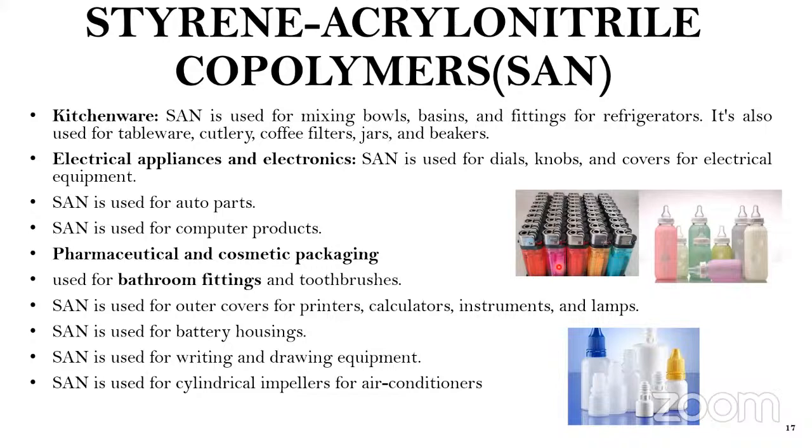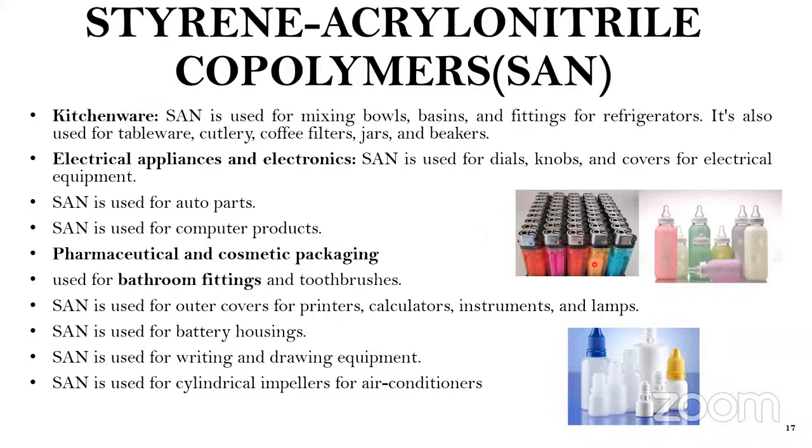This is not a bottle, but a lighter they are using. As I told you, this SAN has very high resistance to oil and grease. Not flammable, but they are quite resistant to all those chemicals. That is the reason the outer cover of the lighters we purchase is made of SAN.